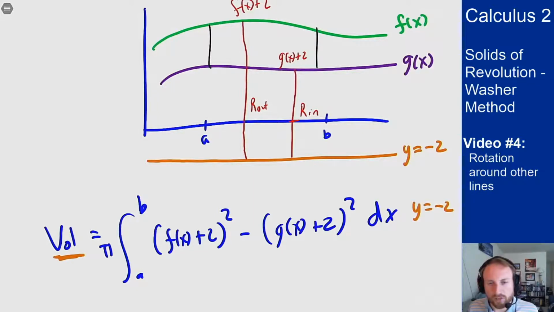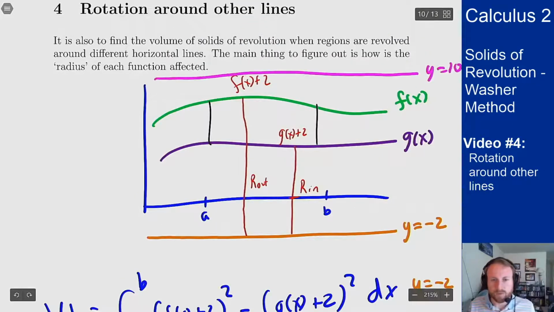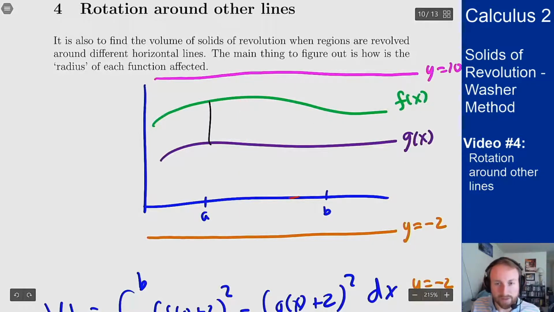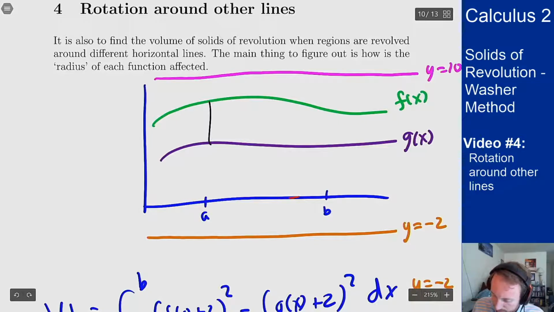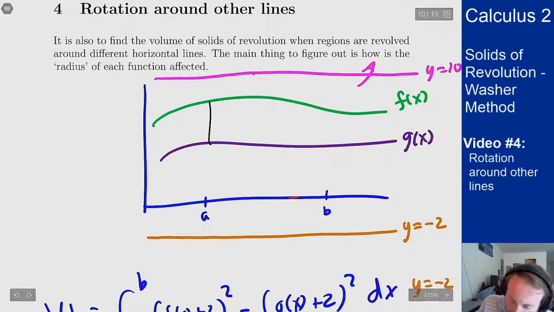Now, as one more example, what about the line y equals 10? We'll assume that line is way up here on top. Now my radii are wrong again, so let's erase those. With this line of rotation, what's my radius? My inner radius should go from the axis of rotation to the curve, so this here should be my inner radius, and this here should be my outer radius.